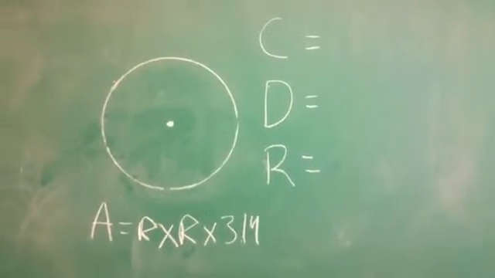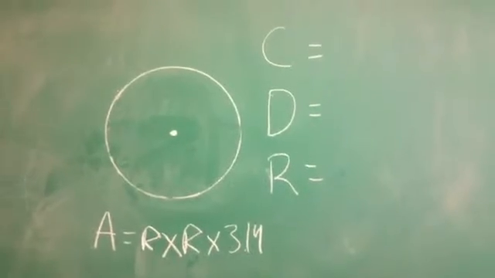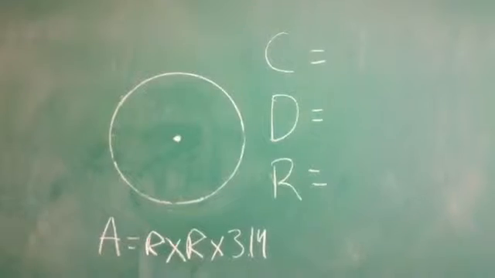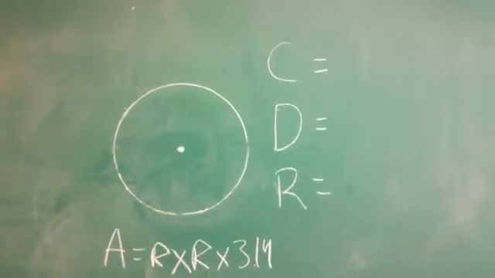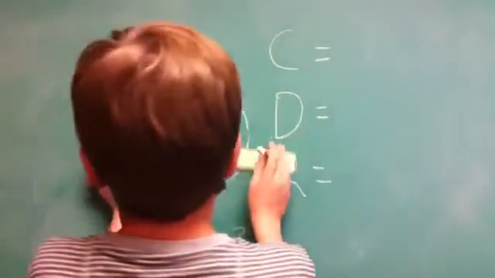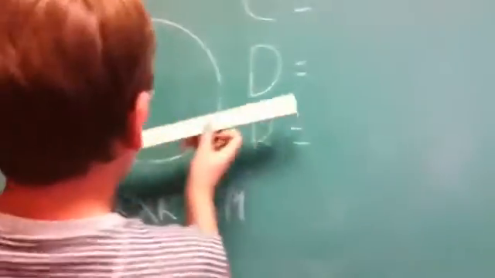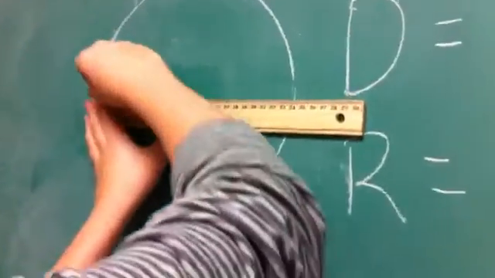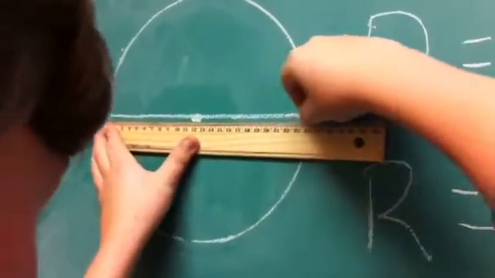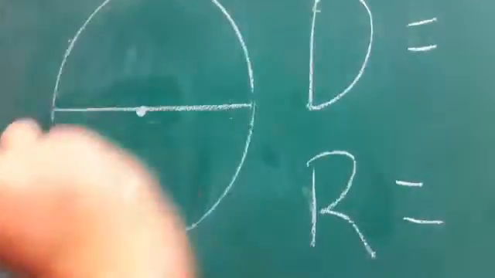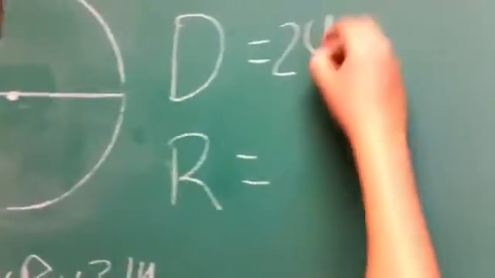When you're trying to find the area of a circle or a circular object, you will need to find the radius or the diameter first, or even the circumference. First, we will find the diameter. The diameter is 24.